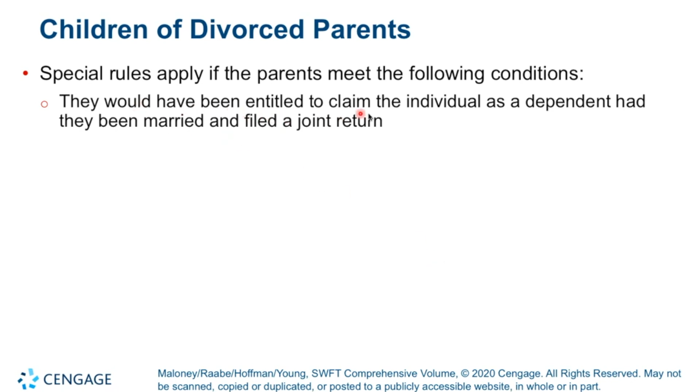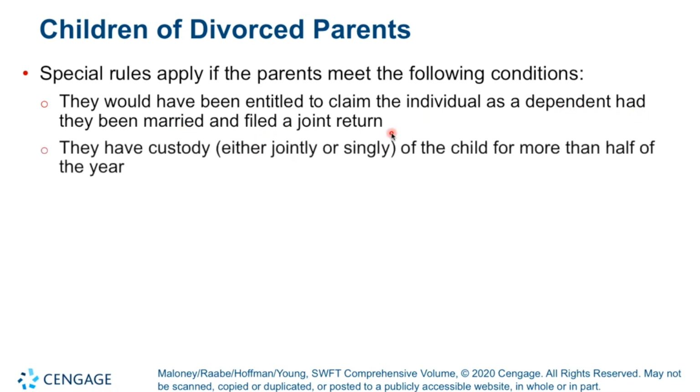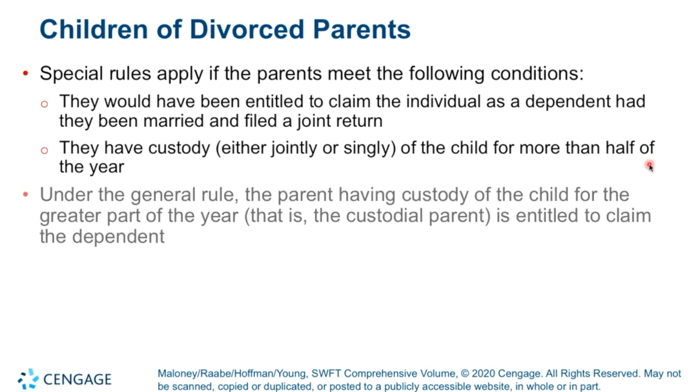They would have been entitled to claim the individual as a dependent child if they had been married and filed a joint return, and they have custody, either jointly or singly, of the child for more than half the year. Under the general rule, the parent having custody of the child for the greater portion of the year is called the custodial parent, and they are entitled to claim the dependent.